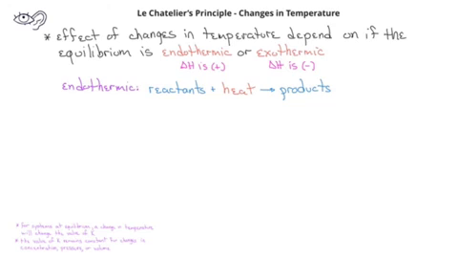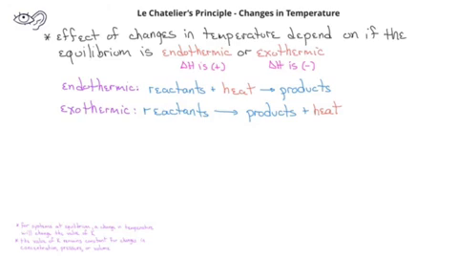For an exothermic reaction, heat is released from the system, and so we can treat the heat as products in a reaction. Viewed in this way, heat can be treated as either a reactant in endothermic reactions or product in exothermic reactions.